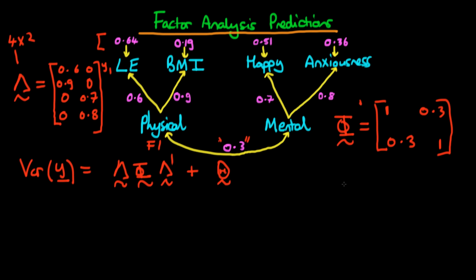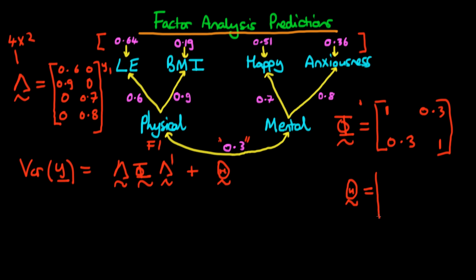So what about constructing this final term, this variance covariance matrix for our errors? Well, it's relatively easy to do here because of the fact that I haven't specified any covariances between any of the errors. So in factor analysis diagrams, it's important to note that these numbers which you see up here at the top actually represent the variances of these given errors.